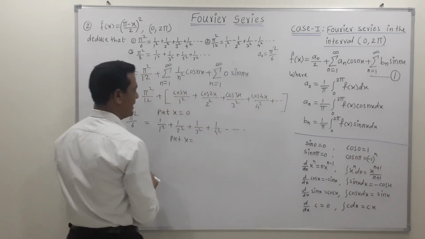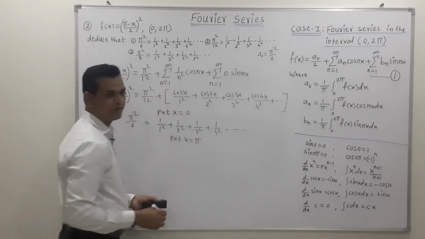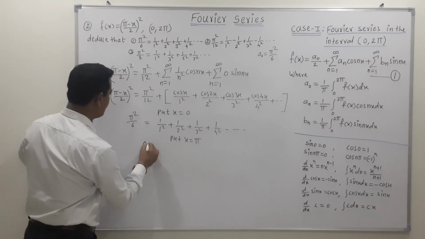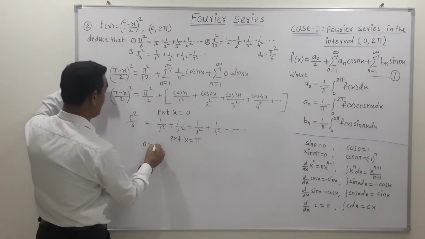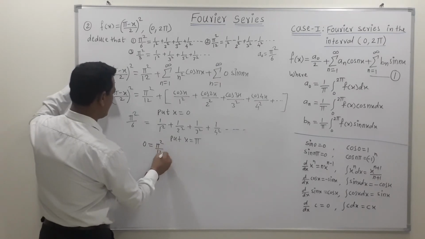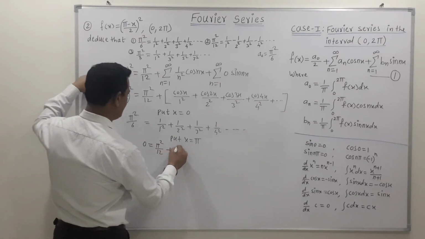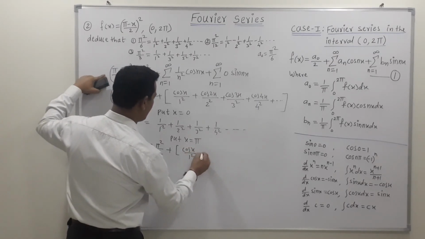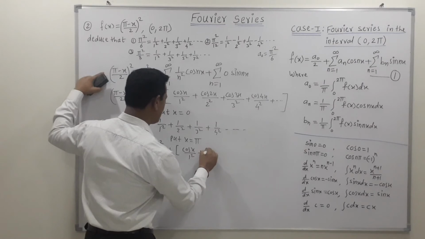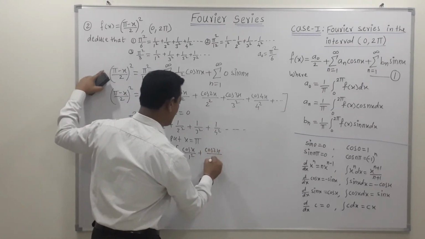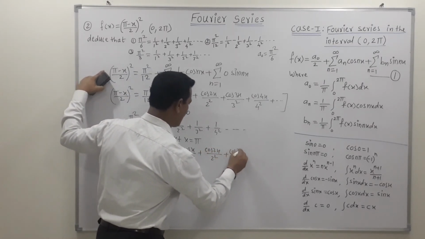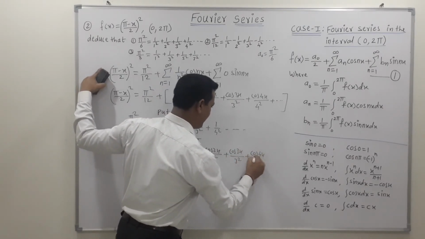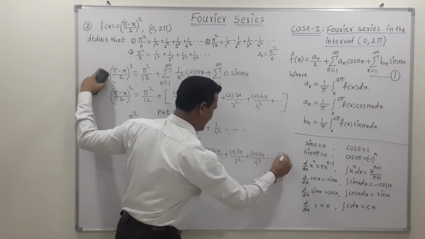So if we put x is equal to pi, then pi minus pi will get cancelled, so this is 0 is equal to pi square upon 12 plus cos of x upon 1 square plus cos of 2x upon 2 square plus cos of 3x upon 3 square plus cos of 4x upon 4 square and so on.